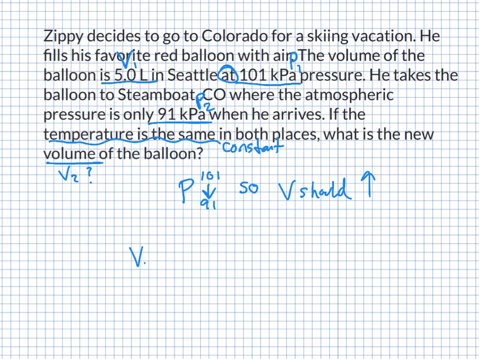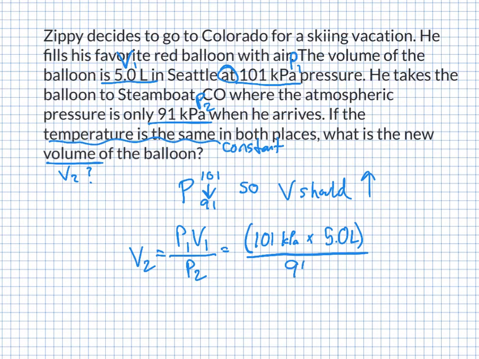I'm looking for V2. So on the previous page, that was V1 and P1 multiplied divided by P2. So plug those numbers in. Open parentheses, 101 kPa times 5.0 liters, close parentheses, divided by 91 kPa.